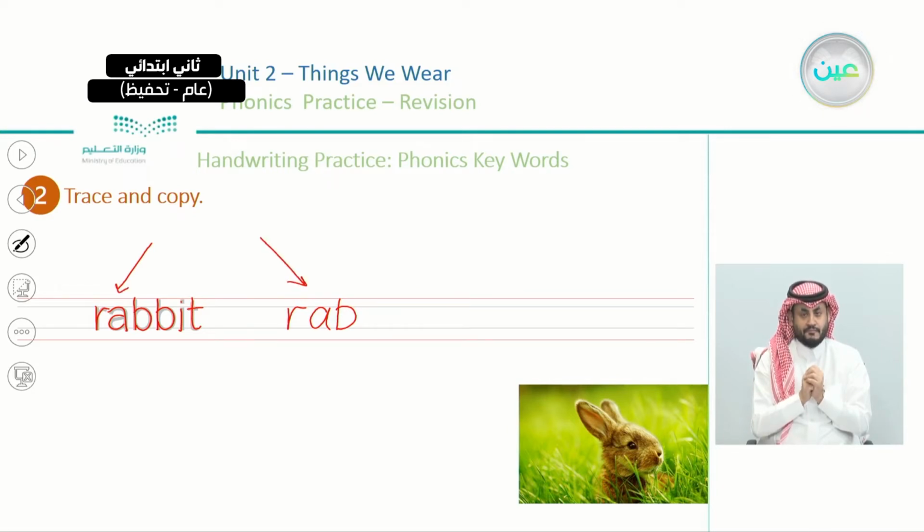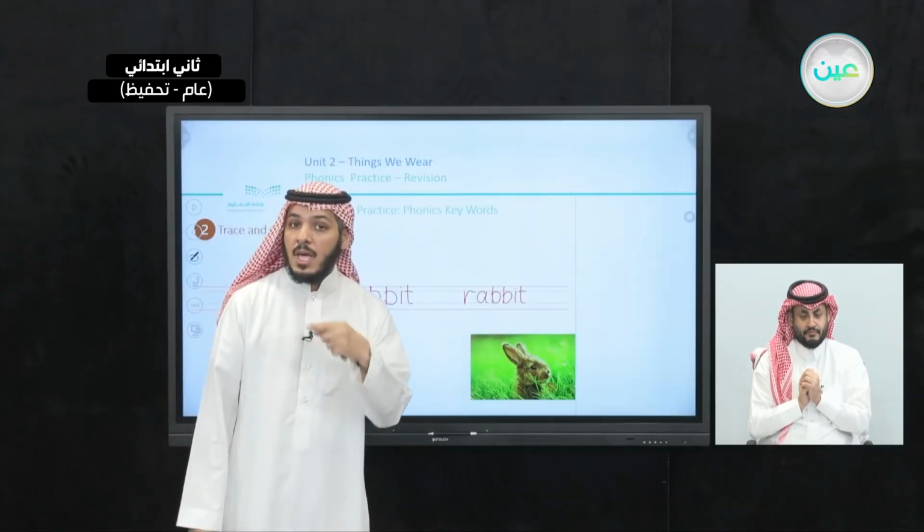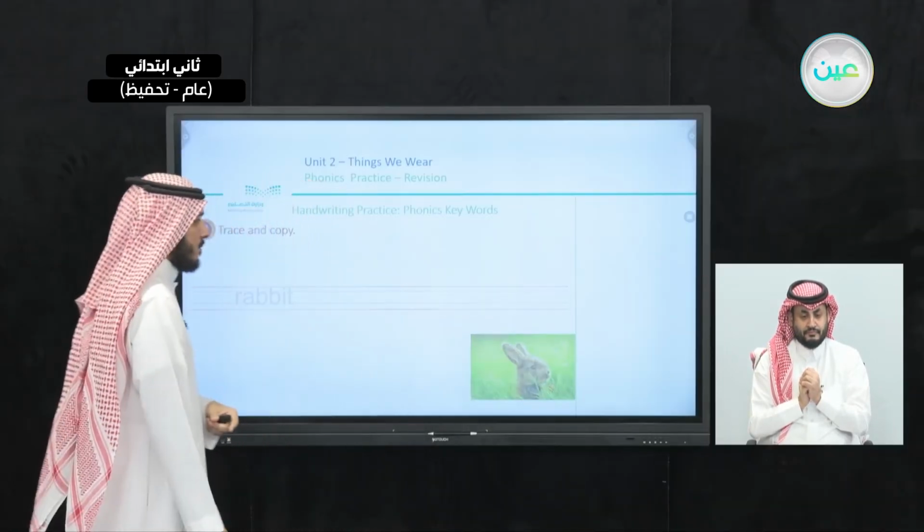So R, A, B, another B, I, then we have T. Rabbit. Let's write it for the last time. R, A, double B, then we have I and T. Rabbit. Let's say it together. Rabbit, rabbit, rabbit. Excellent.